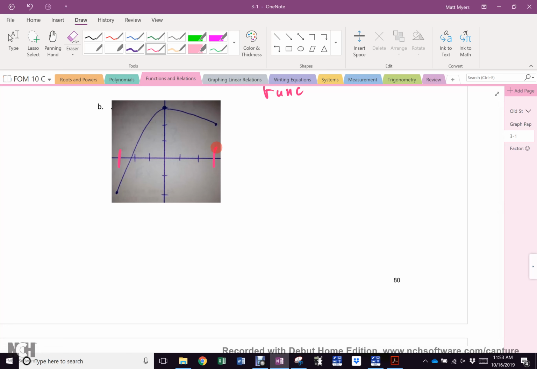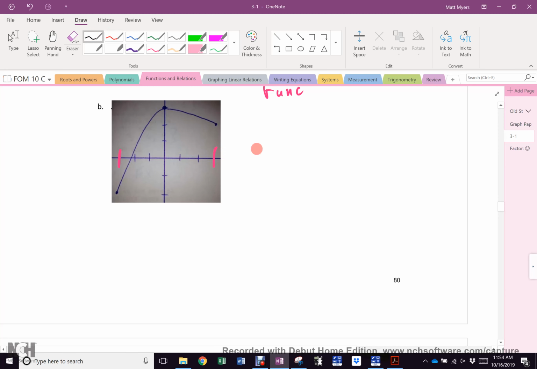How many values are there between 0 and 1? Of course I'm counting decimals. How many values are there between 0 and 1? Infinity. Would it be possible to list this? No, because we couldn't list all those values, could we? So we have to write it differently.